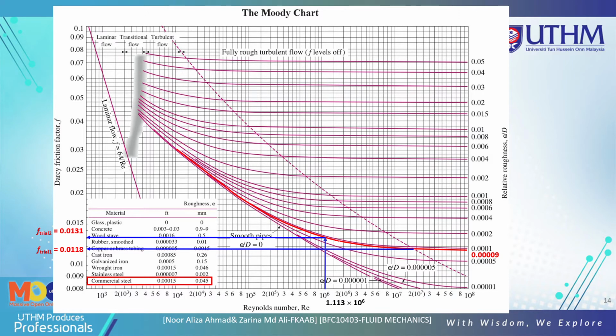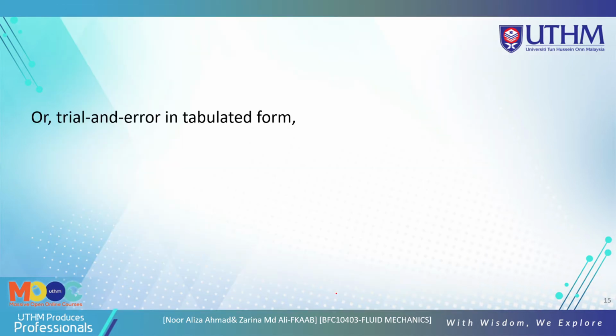You get the new Reynolds number, and the new friction factor is 0.0131, based on the value of Re here. So you get the new trial.